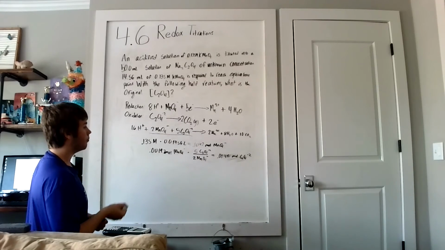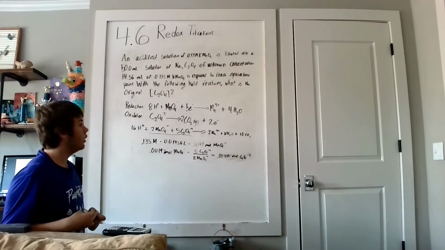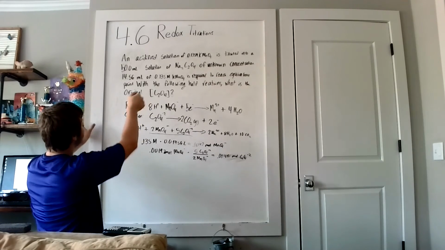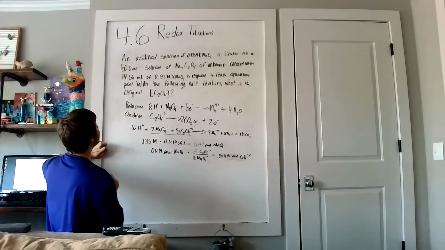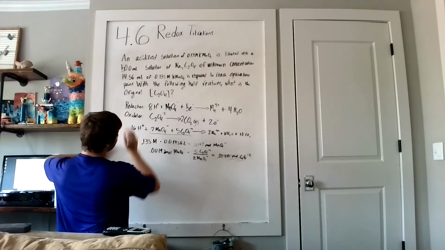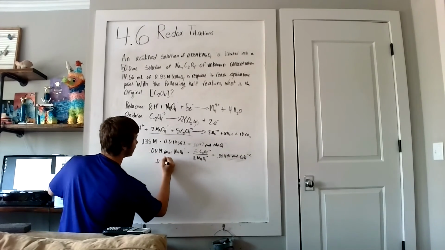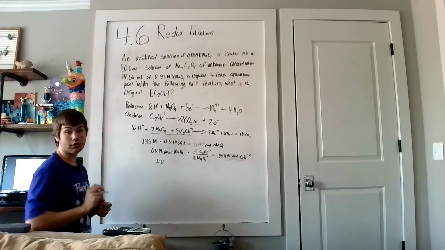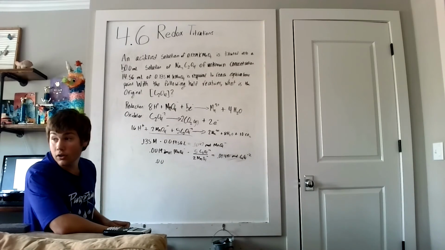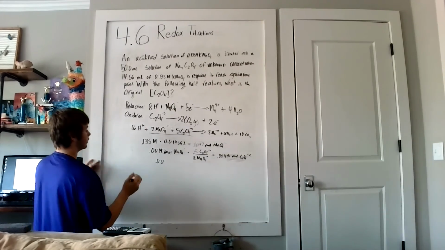So now that we have the moles of C2O4, we can finally figure out our concentration by dividing by the 50 milliliters from the beginning. Except we gotta convert that to liters, which is 0.05 liters.